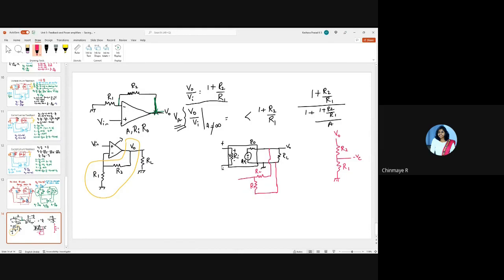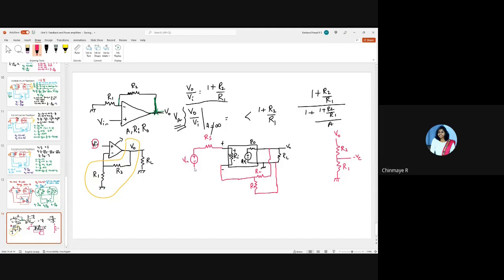So how are we feeding it back? Now let this be equal to RS. RS is the resistance of this voltage source, right? So you have Vin, which is given here, correct?